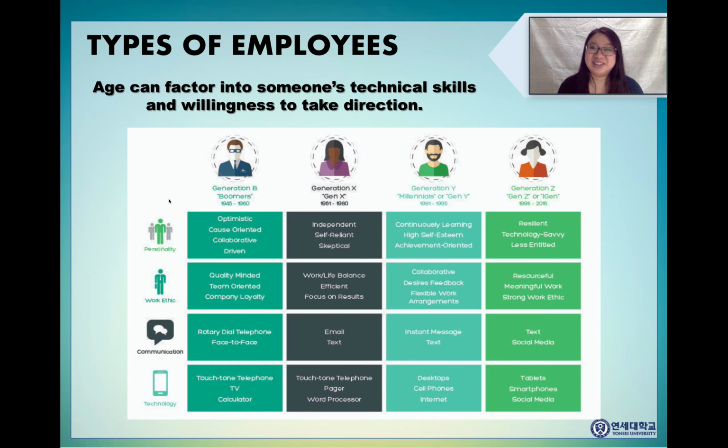Maybe they're not as good at technology. But if we look at the youngest generation, Gen Z, they're very technologically intelligent, they're very fast paced, and they like to multitask. So consider the age and the personality of the person in your team before you apply a management strategy. Even just 1 or 2 years of life experience can make a big difference.